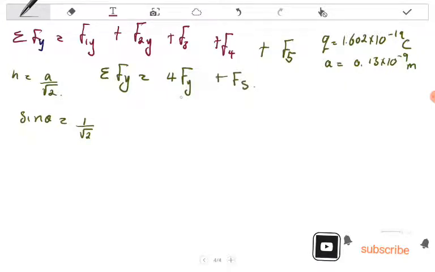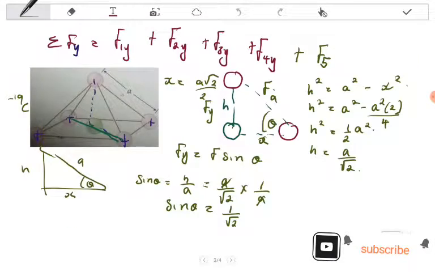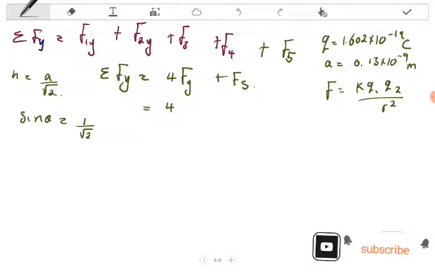So now we know what F is. From Coulomb's law, F is equal to k Q1 Q2 divided by the distance between them, r squared. For the distance between the top and the red ones, remember that's a, so it's going to be a. Since we're looking for Fy, Fy is the actual F multiplied by the sine of theta.